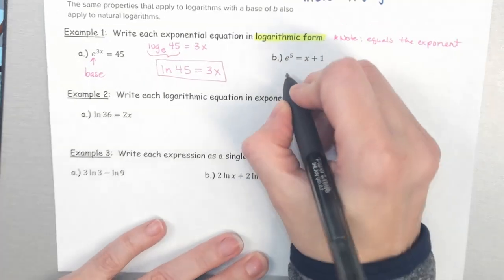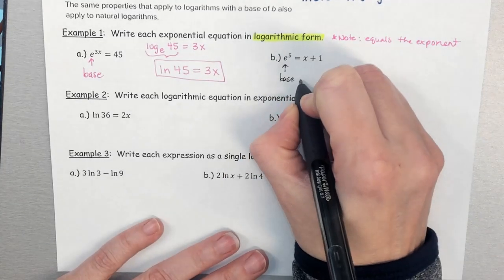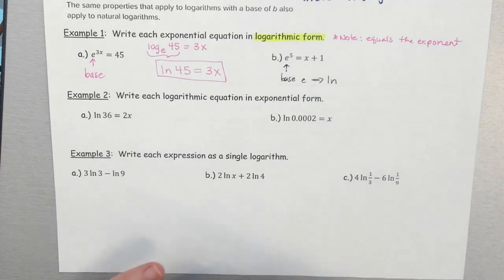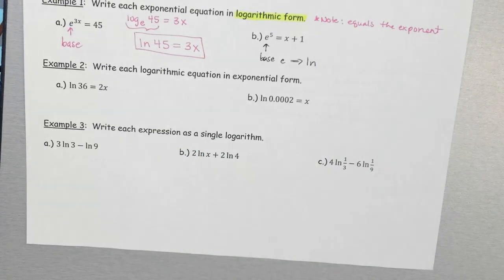For part B, again, you have your base of e. Whenever your base is e, that means you're going to write this as the natural log. See if you can use what we did in part A to help you rewrite part B. You need to write that in logarithmic form, so you should have the natural log somewhere there.